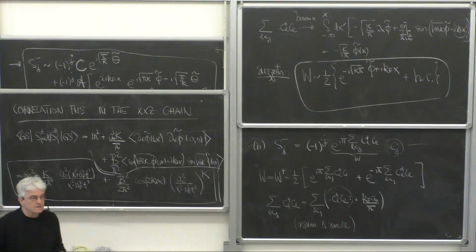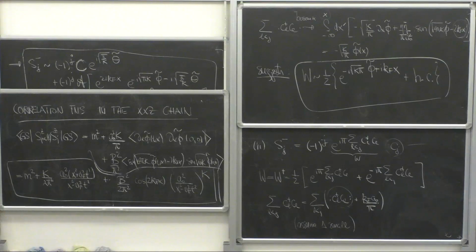And so that's a very powerful result, because by doing this, in the end, we very cheaply got the result for the space and time dependent correlations in the spin model. And these are very difficult to compute by other methods.